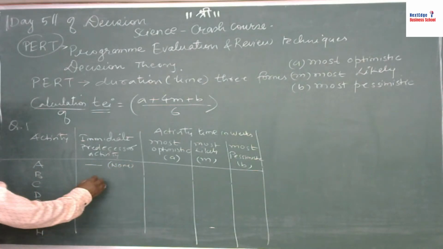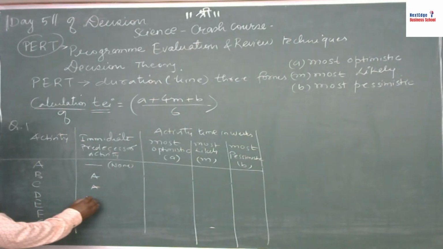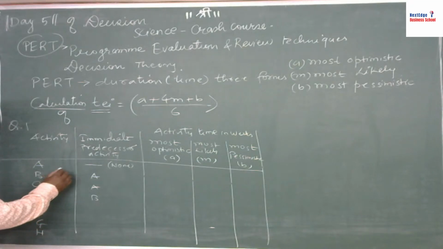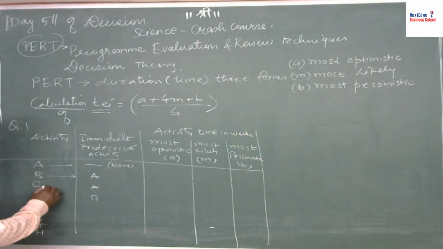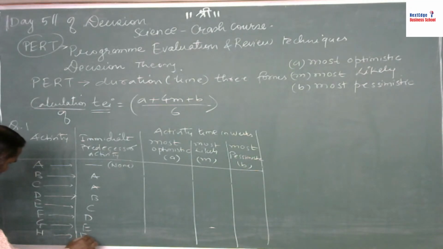Then for B it's A, for C it's A, for D it's B, for E it's C, for F it's D, for G it's E, and for H it's F and G.